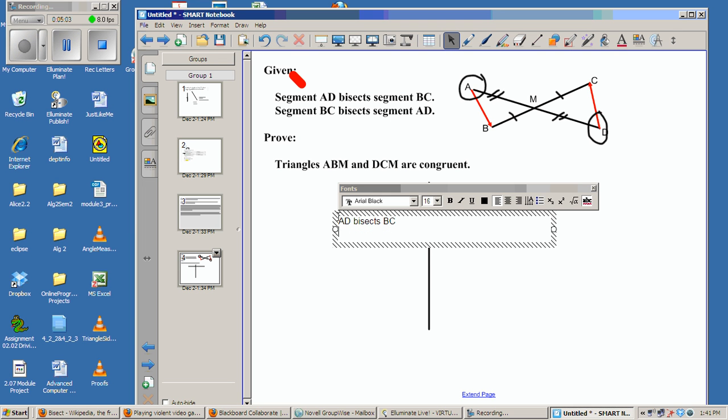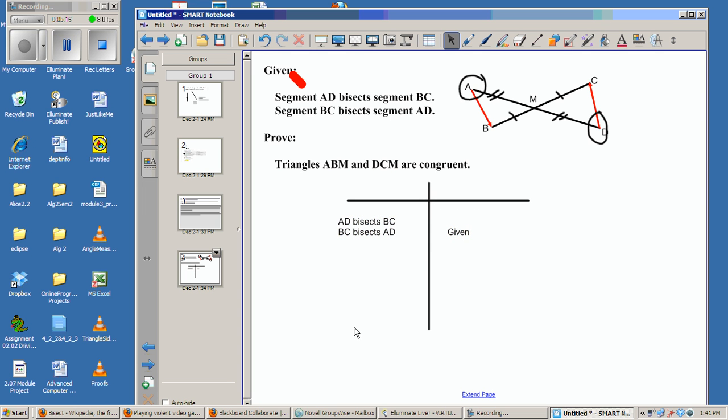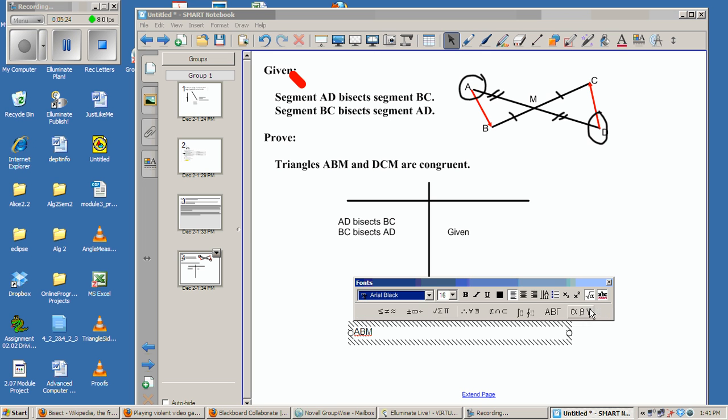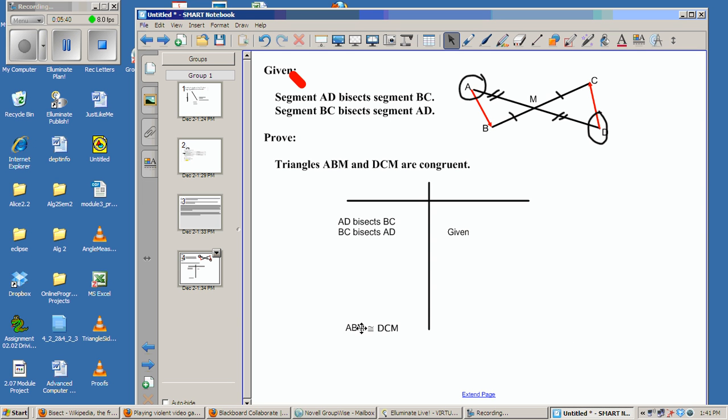And the second thing that's given is that BC bisects AD. And then I'm going to give the reason for both of those, which is given. And then the very last thing that I have to prove in the end is that triangle ABM is congruent to triangle DCM. So I'm just taking that right from what they said, and I don't know what I'm going to use to prove that, but eventually I have to prove it.